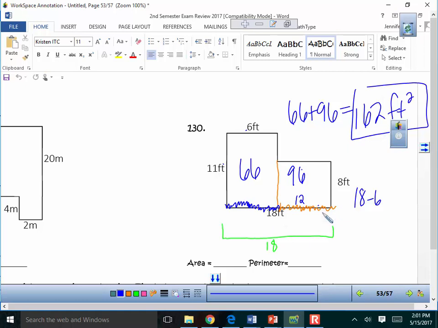All right, now to find the perimeter, we add up all the sides, but we're missing one side length, this side length. But do we know what this is? We already found it right here, it's 12. So we just add all of these side lengths.